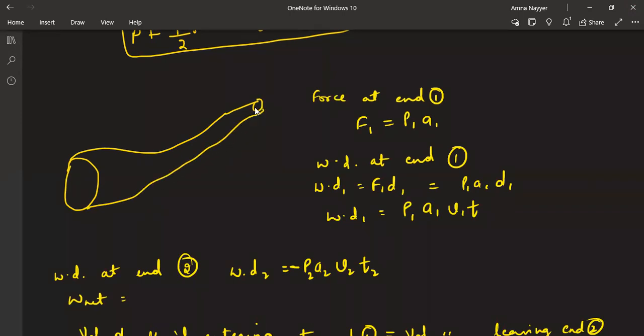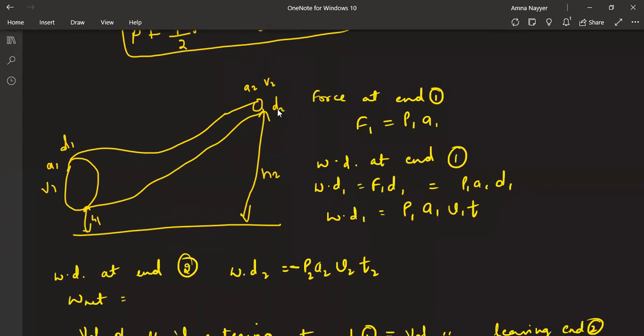Let's say this is the ground level, this is H1 height, and from there, this is H2 height. Let's take the diameters. D1, area is A1, velocity is V1. Same way here also, A2, V2, and this is D2.